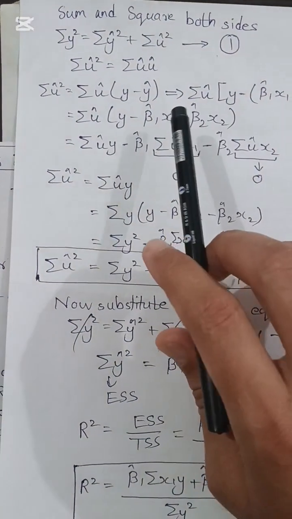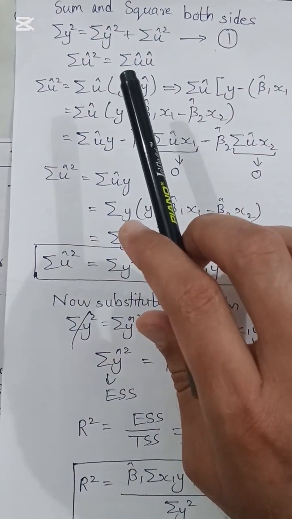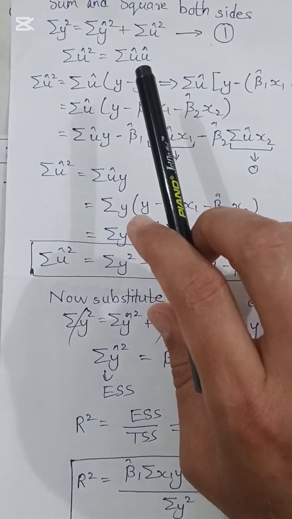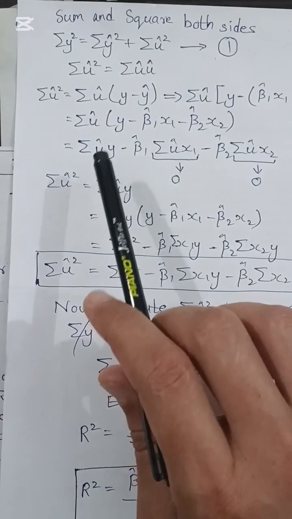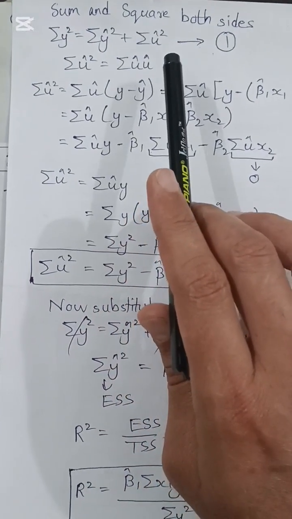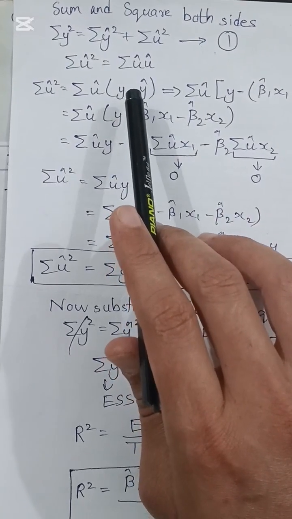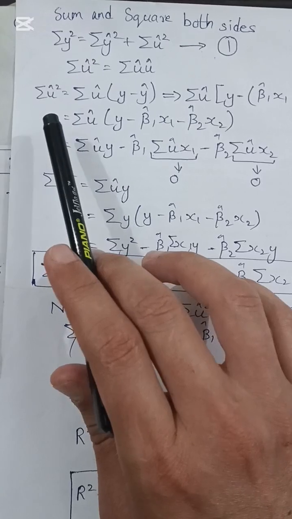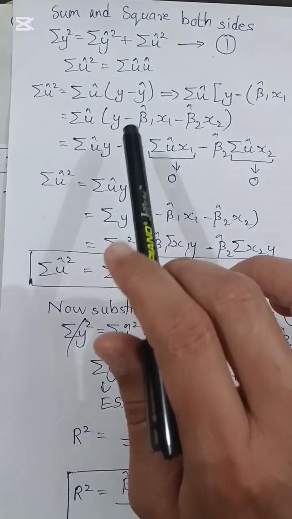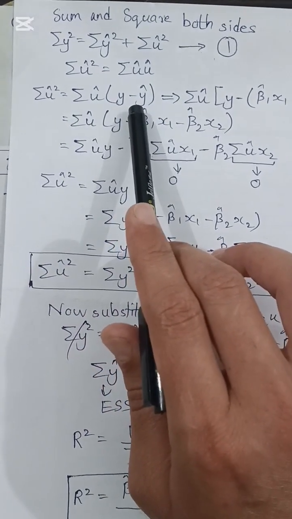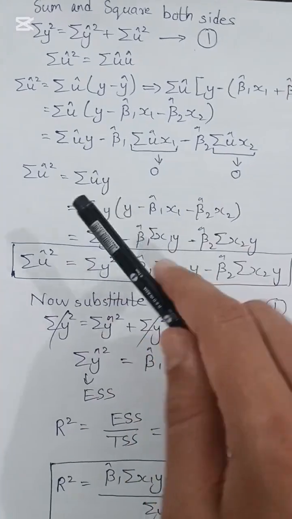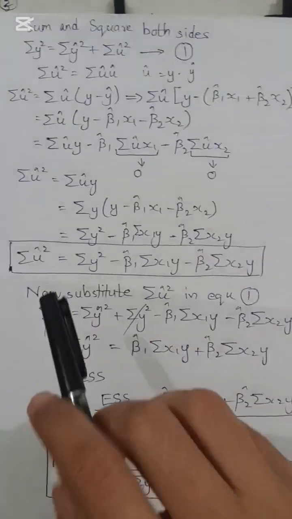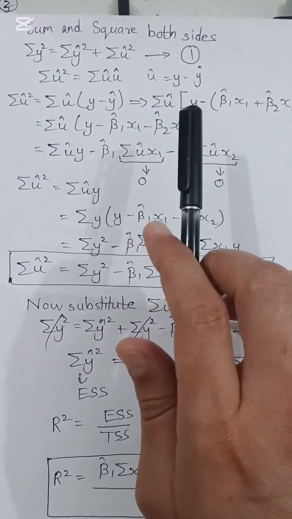Remember, from now on these y's, u's and x's are always in deviation form. The sum of u hat squared can be written as the sum of u hat times u hat, which can also be written as the sum of u hat times y minus y hat, because u hat equals y minus y hat.